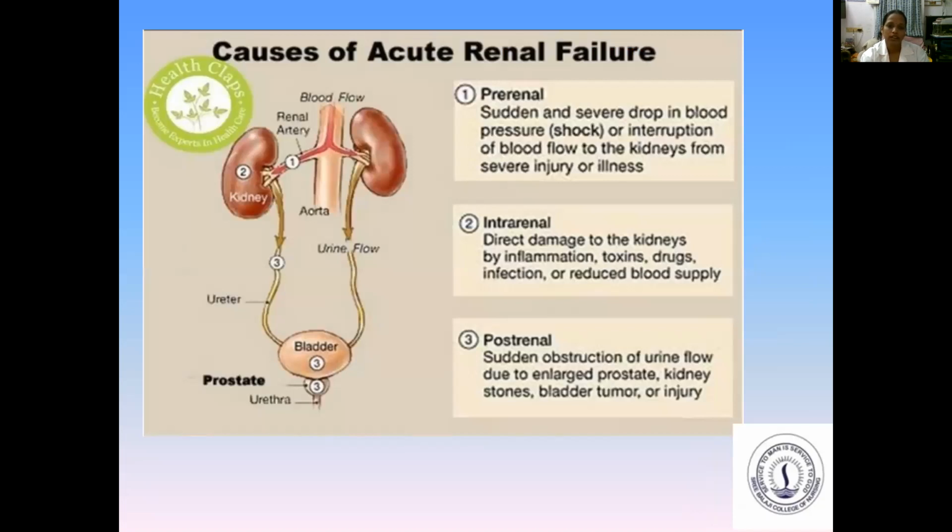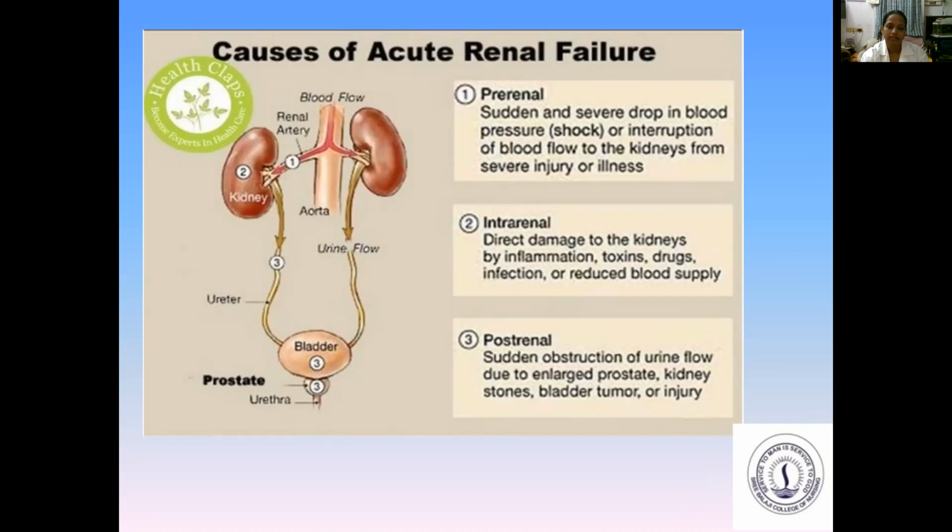So causes of acute renal failure. So in pre-renal, there will be a sudden and severe drop in blood pressure, especially in shock, or interruption of blood flow to the kidneys from severe injury or illness. Intrarenal, that is within the renal, that is direct damage to the kidneys by either inflammation or toxins or drugs, infection, or reduced blood supply.